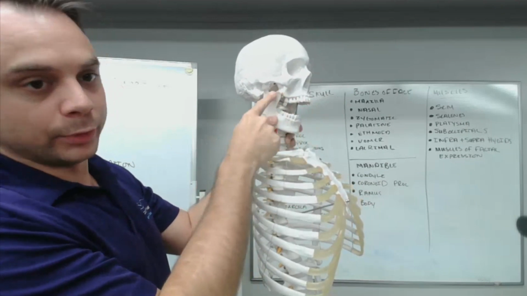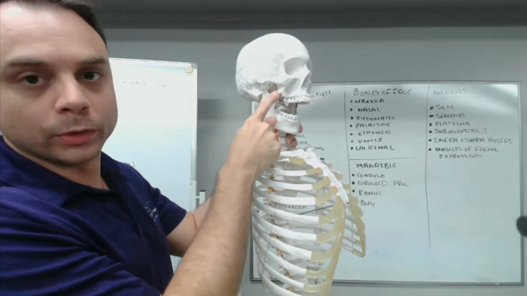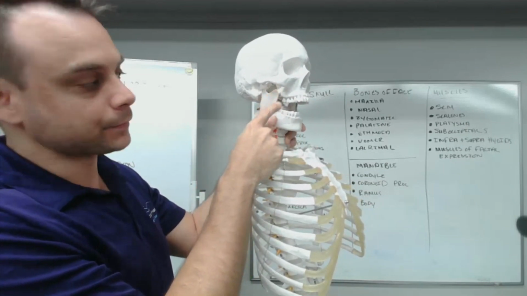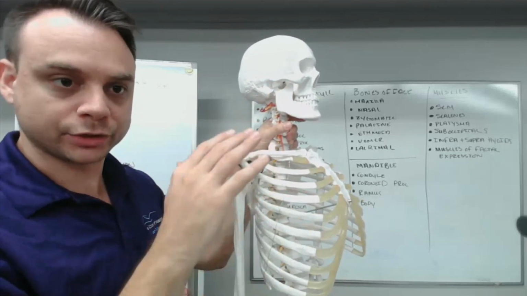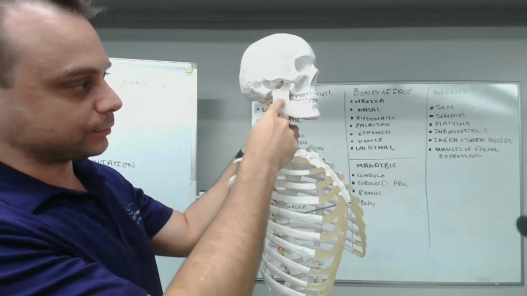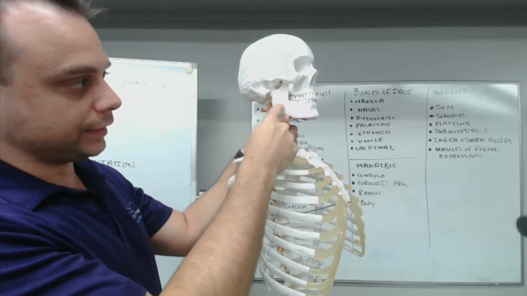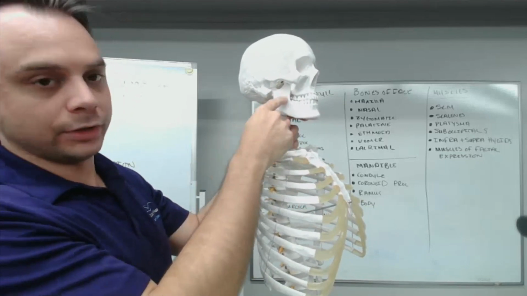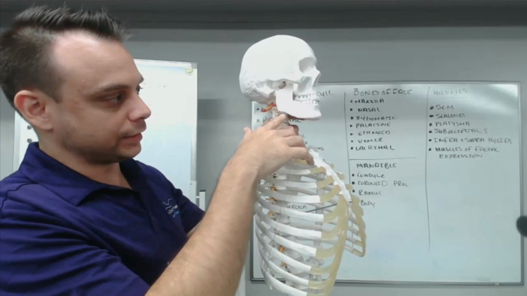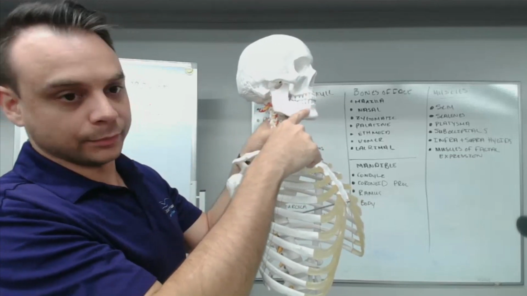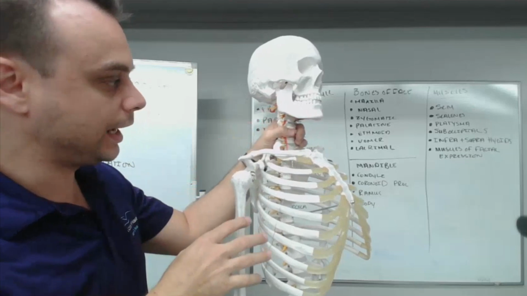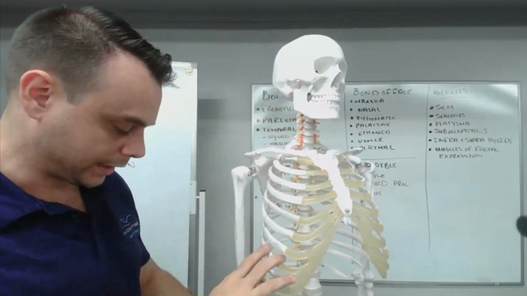Right here, we have this little point in front of the condyle called the coronoid process. We have the ramus of the mandible, which just means projection or offshoot of. So we have this projection here of the mandible called the ramus. We have the angle of the mandible. We have the body of the mandible as well. And so that's all of our landmarks there.